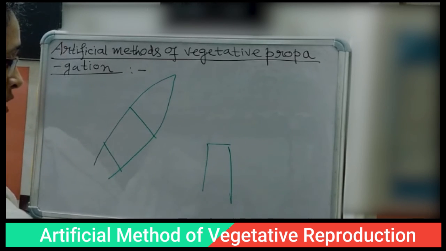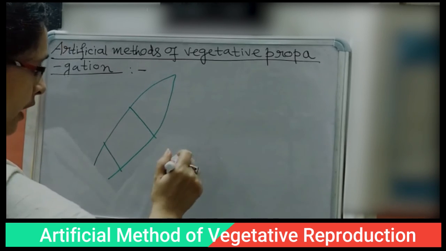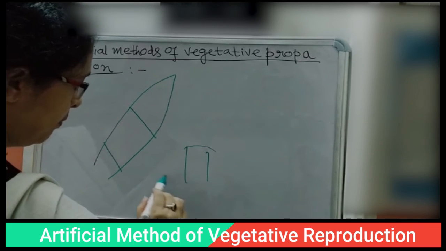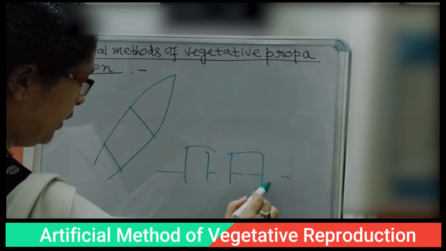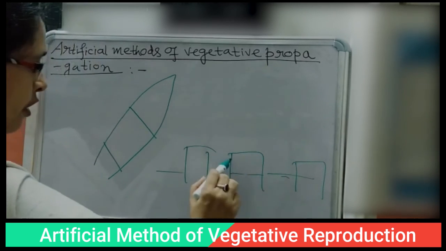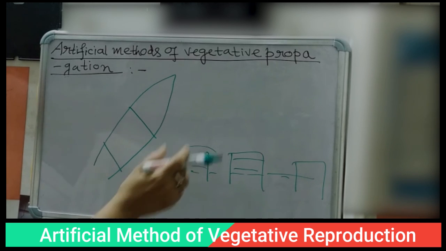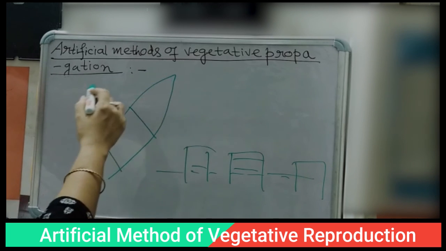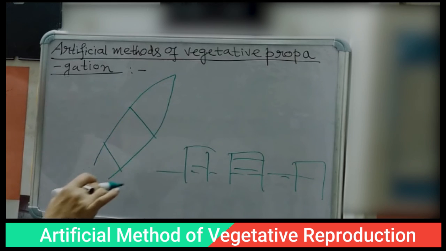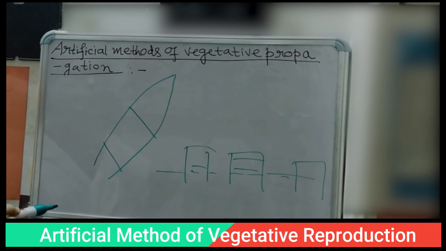So I am very sorry, not horizontally, vertically we placed it in the soil, and from each vertical portion a new plant arises. I will show you a picture, and from this picture it will be clear to you. So today we discussed artificial methods of vegetative propagation through cutting and through layering.